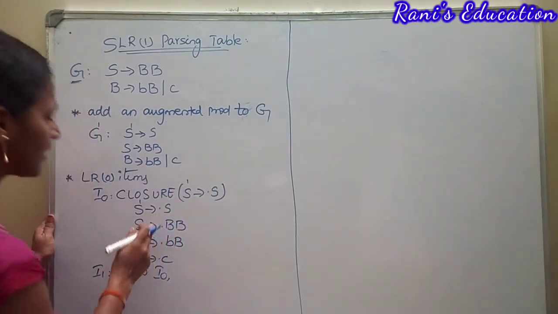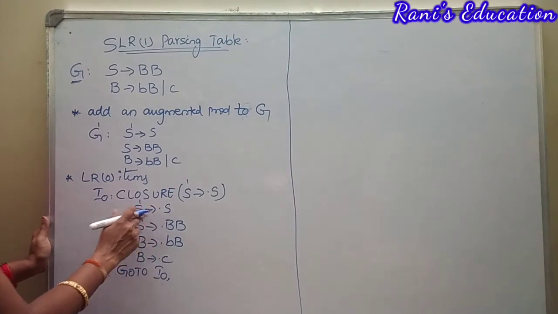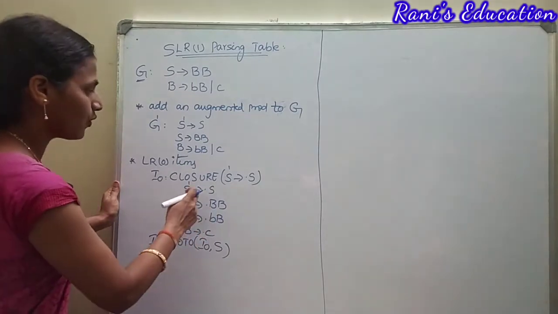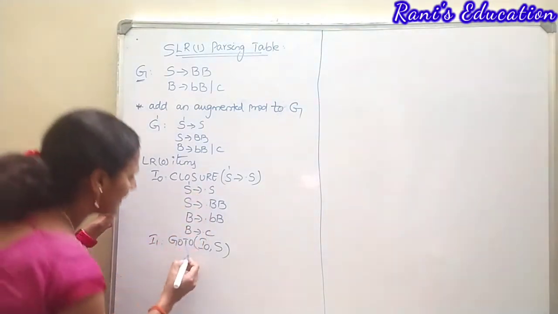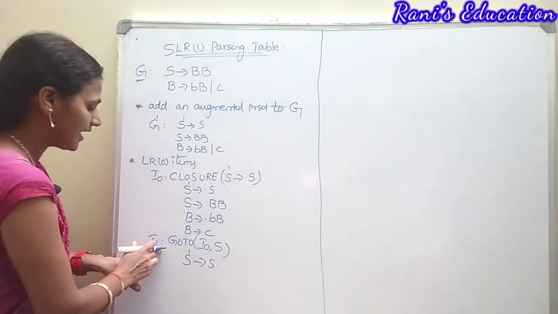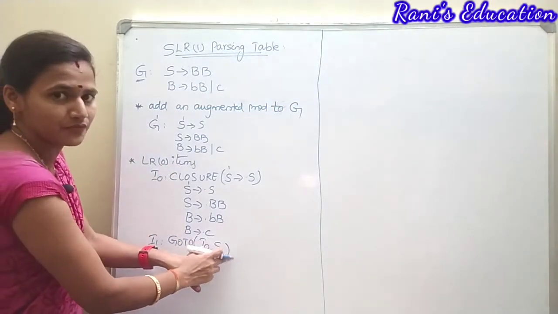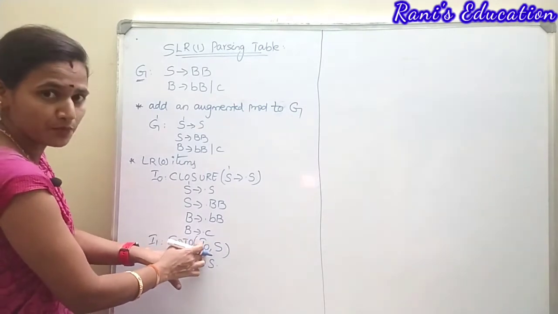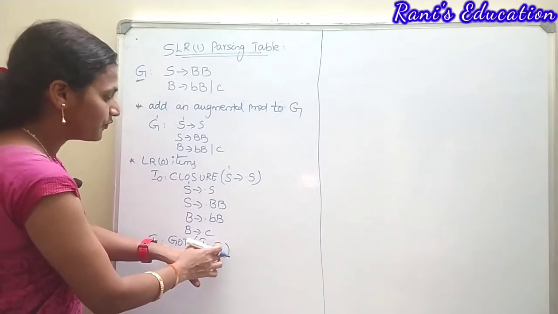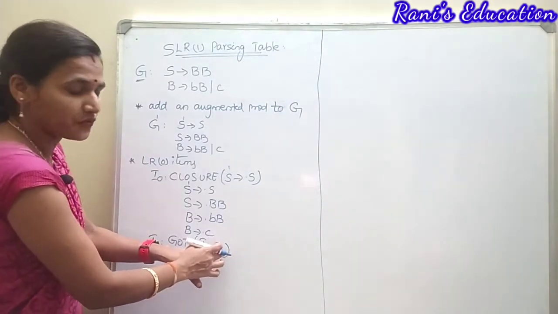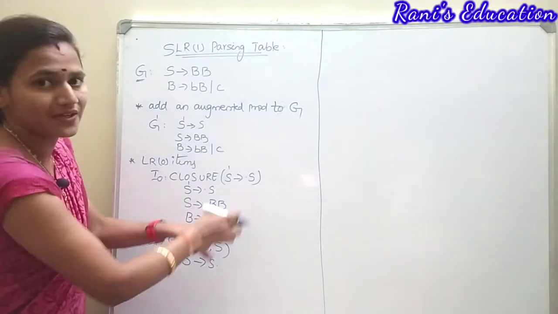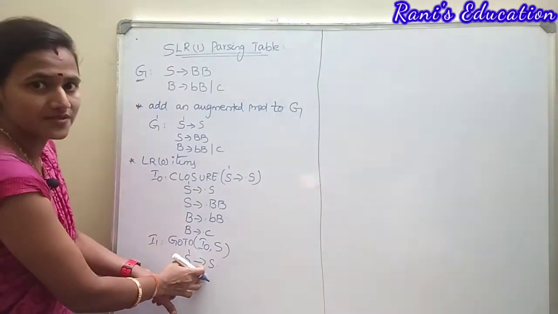How do we compute goto of I0 comma S? We observe the body: the resultant production is S' → S. Here, goto(I0, S) means that from the I0 productions, after the dot we have the non-terminal S, so we change the dot position to after S. That is the meaning of this.